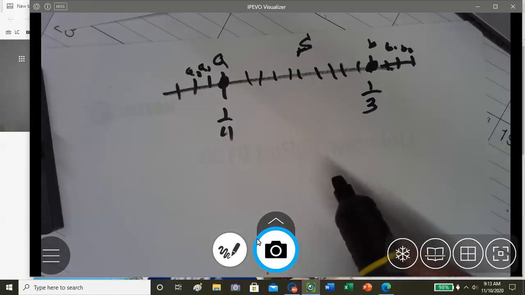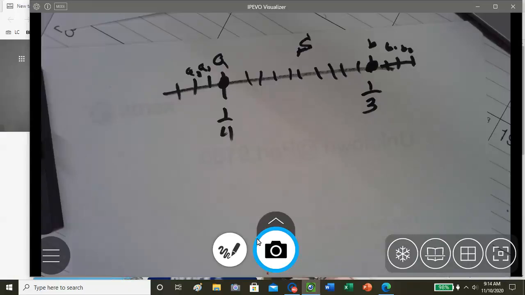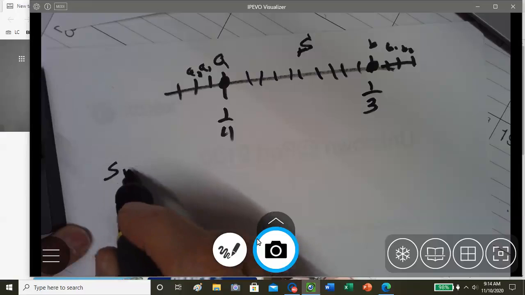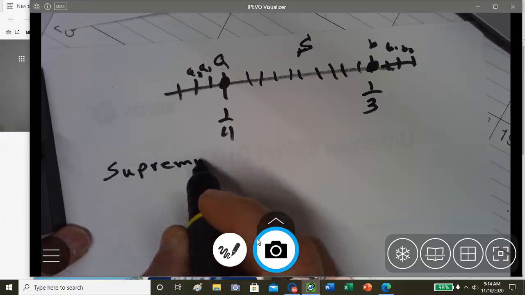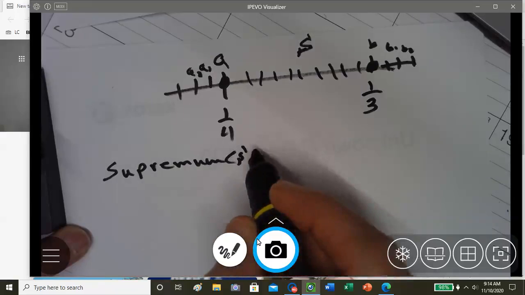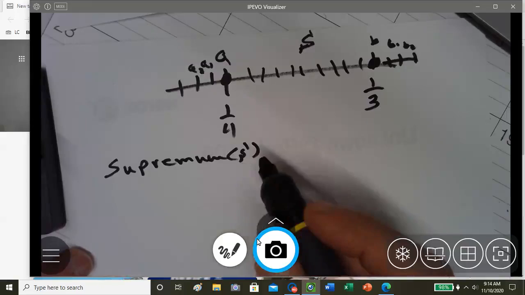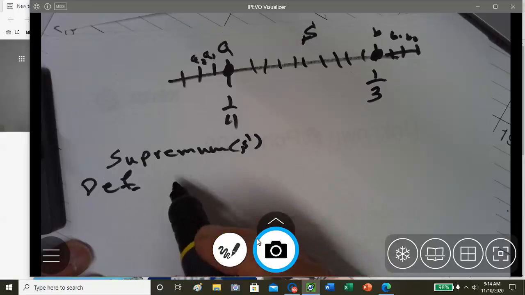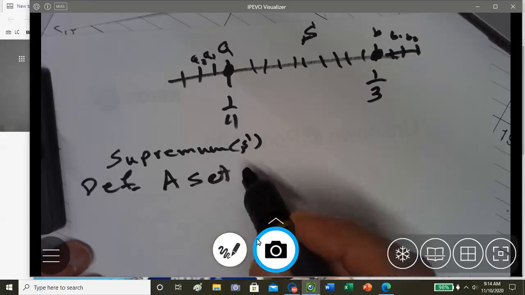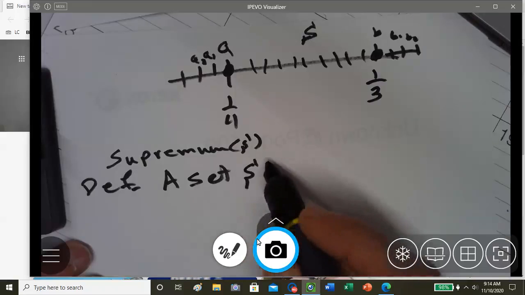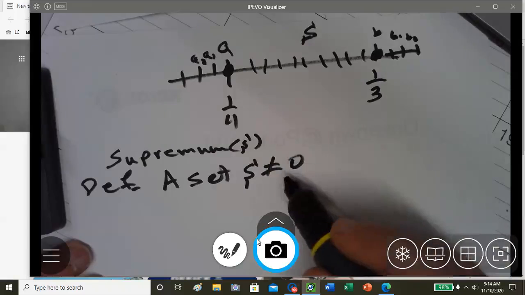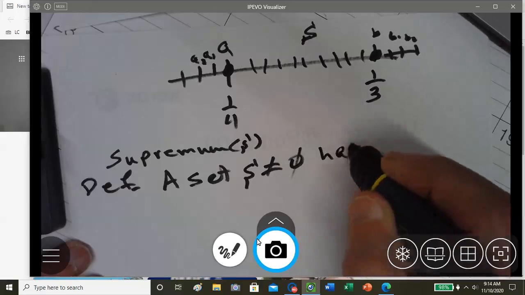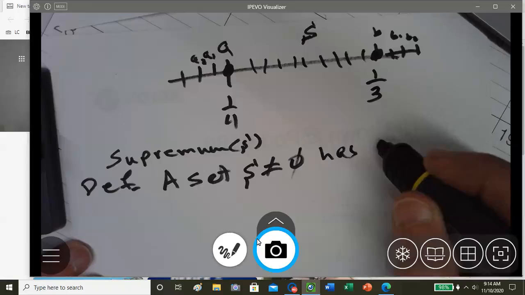Okay, so for our supremum, right, or least upper bound for set S, we're saying we want to define that. And so we have here a set S that is not an empty set, has an upper bound.